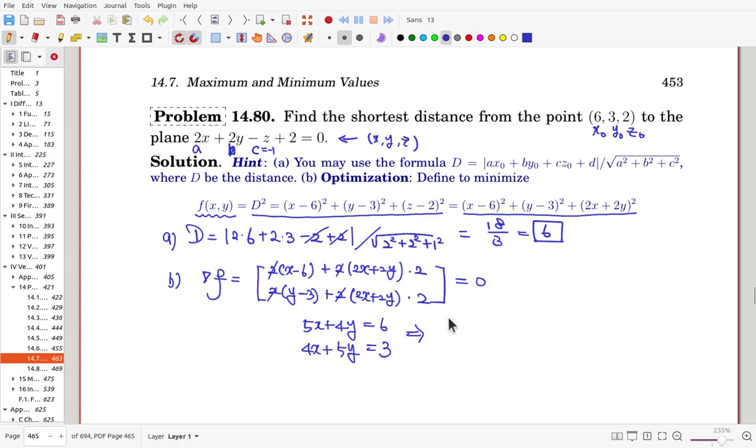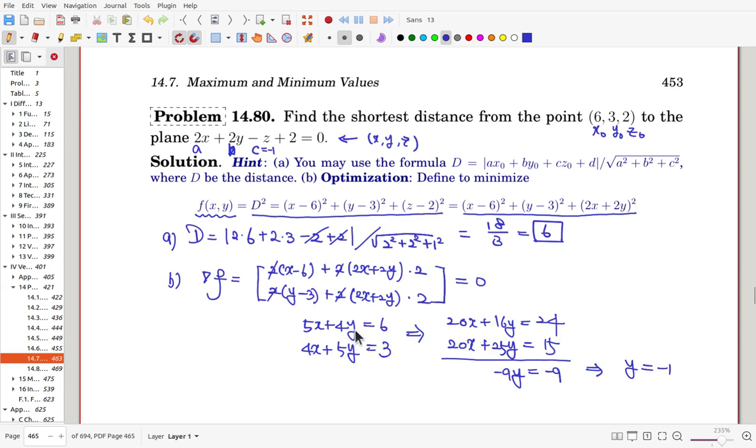So that is 20x plus 16y equals 24, and 20x plus 25y equals 15. We subtract, then that will be 0, minus 9y equals minus 9, which means that y equals minus 1.